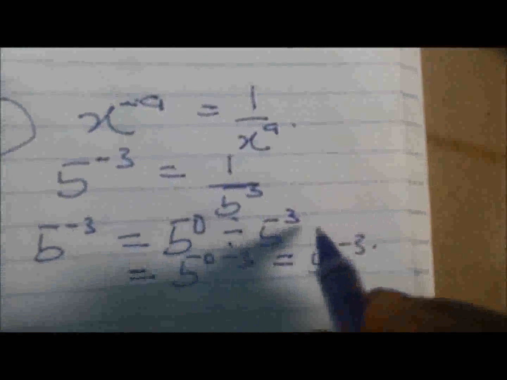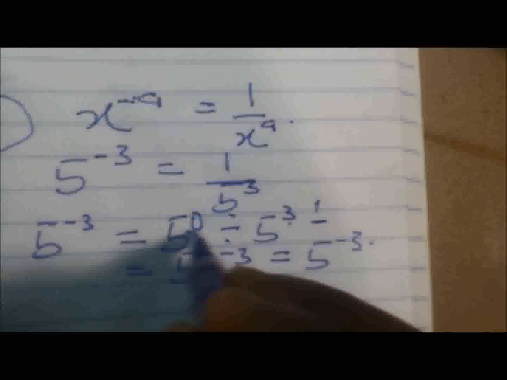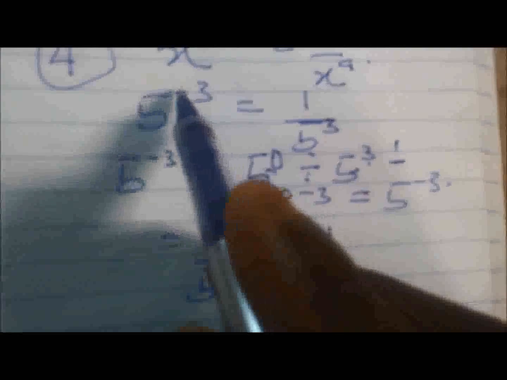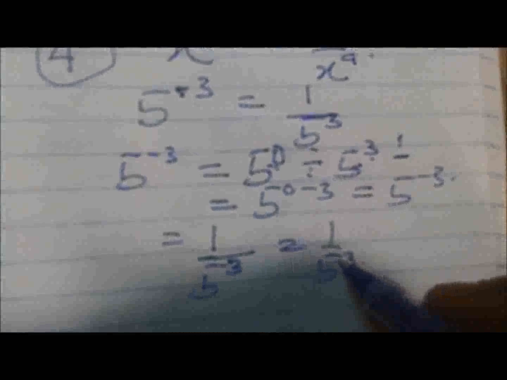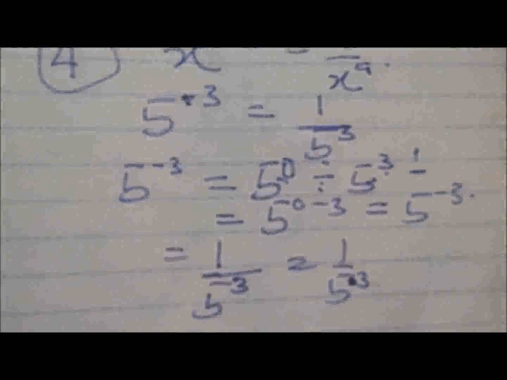Now consider that 5 raised to the power of 0 is the same thing as 1, so this is 1 divided by 5 raised to the power of 3. So we can see that 5 raised to the power of minus 3 is the same thing as 1 over 5 raised to the power of 3.